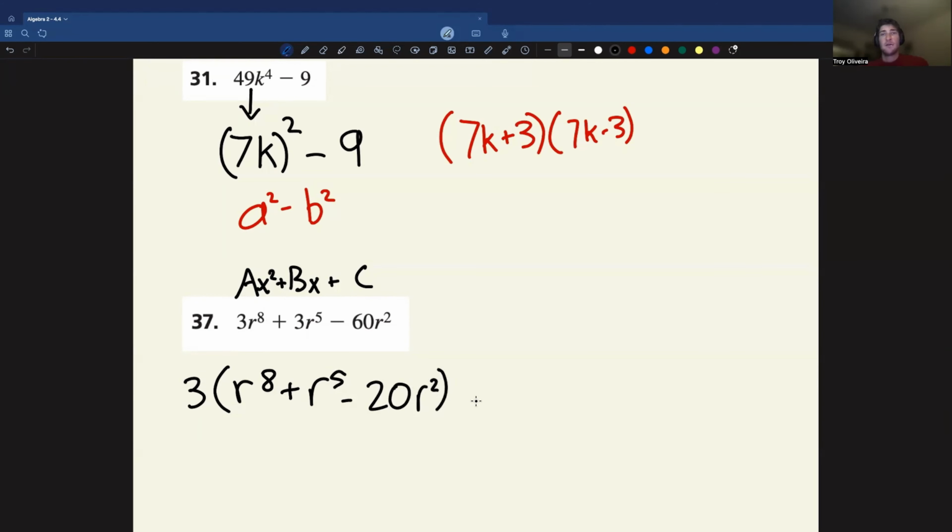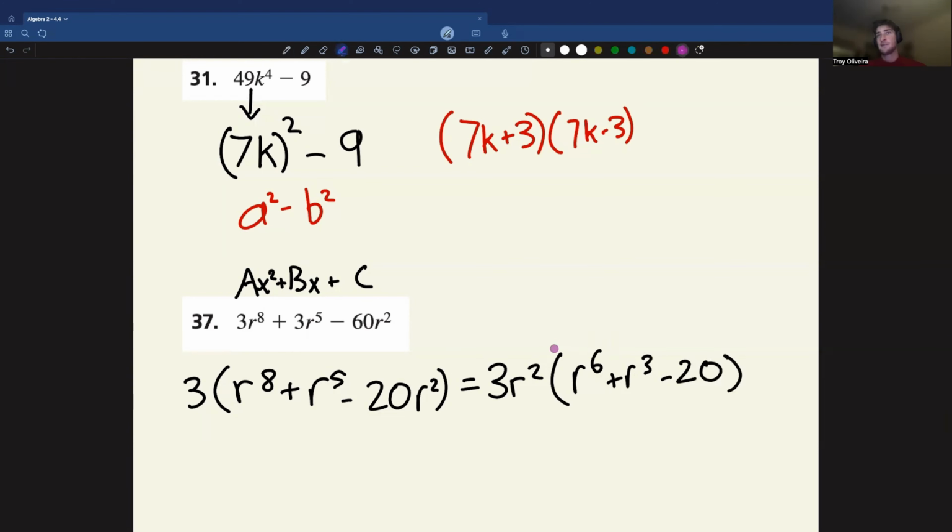Okay. But then, or sorry, I totally forgot to factor out the r as well here. So first I thought you didn't have to do it, but you definitely do have to do that. So I'll just do it in this next step here. So which equals 3r, because I can factor out at least 2 r's, 3r squared times r to the 6th now, plus r to the 3rd minus 20.